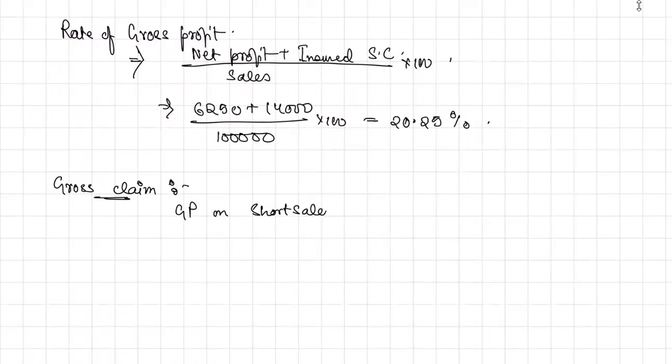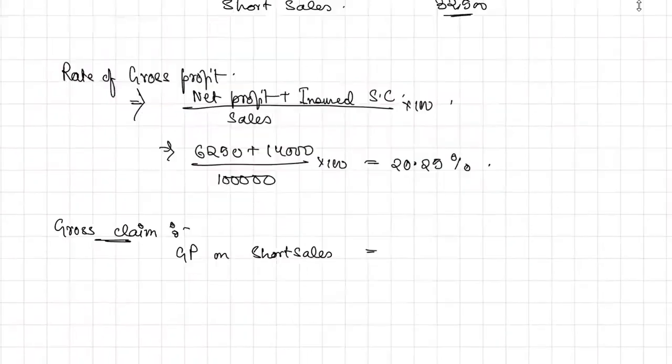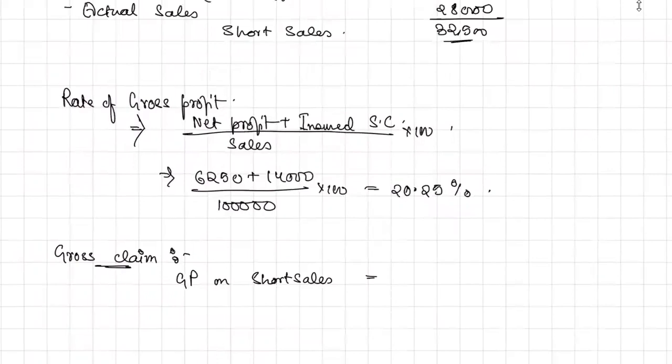शॉर्ट सेल्स, और शॉर्ट सेल्स आर कितना आया था? 32,500. And my GP rate is 20.25. So what is it coming? Gross profit कितना आ रहा? 6,581. और कुछ है भी नहीं.